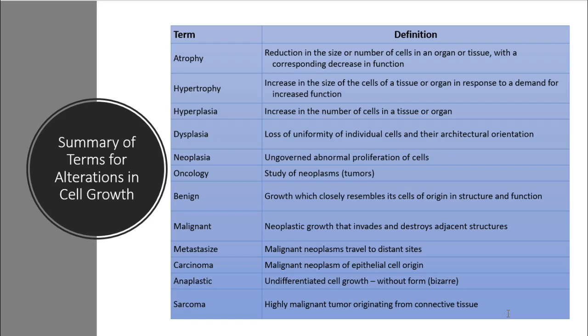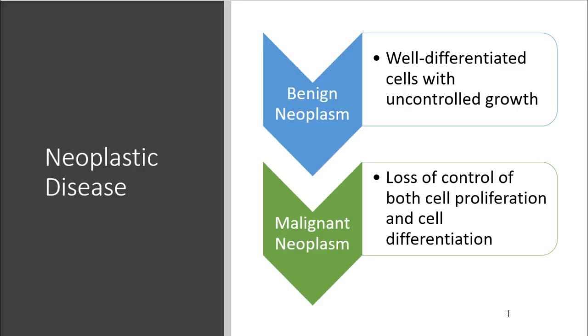Anaplastic is undifferentiated cell growth without form. They're very bizarre. And sarcoma is a highly malignant tumor originating from connective tissue. So benign is well-differentiated cells with uncontrolled growth, and malignant is loss of control of both proliferation and cell differentiation.